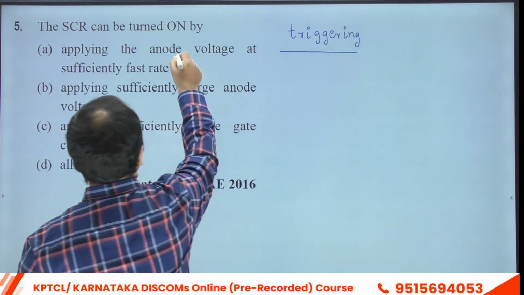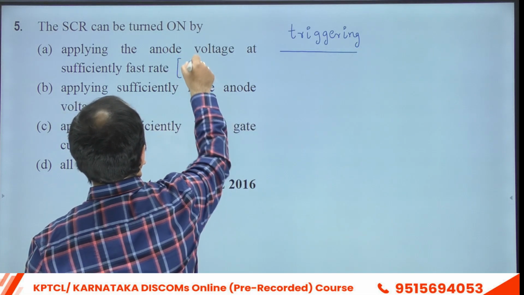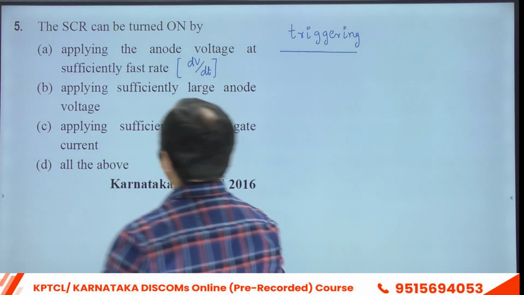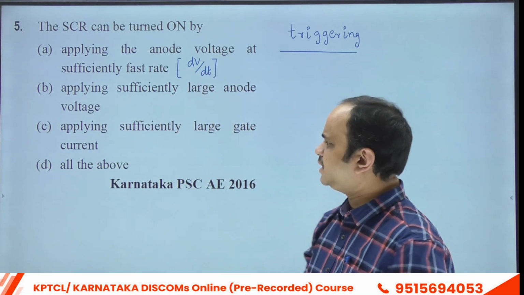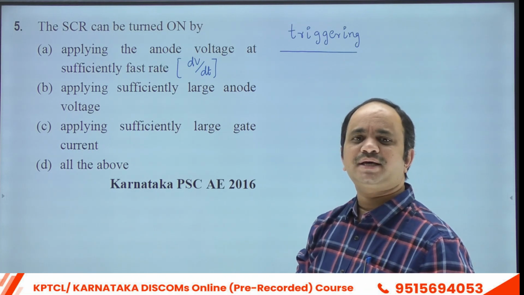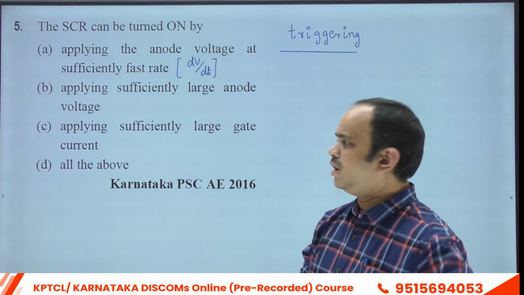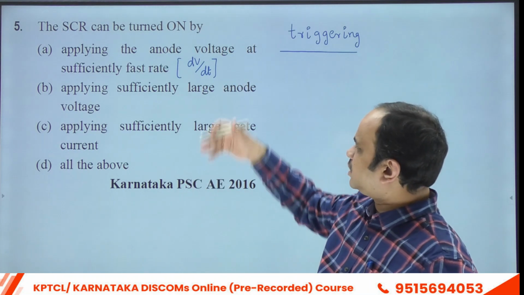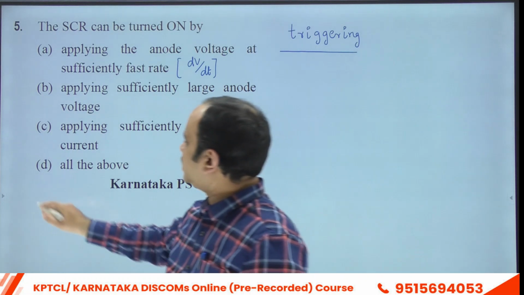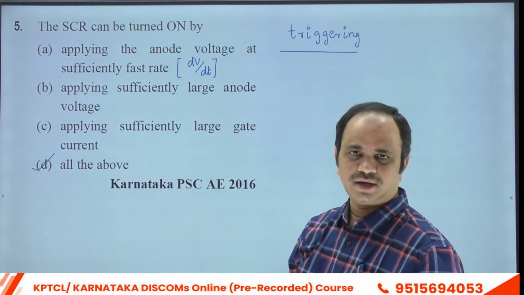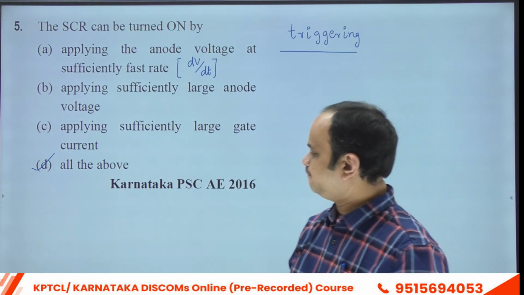In other words, this method is also called dV by dt method of triggering. And the fourth method is by increasing the leakage currents of SCR, also we can turn on the device. Therefore, all the methods given here are correct, and hence we can say all of the above is the correct answer for this question.